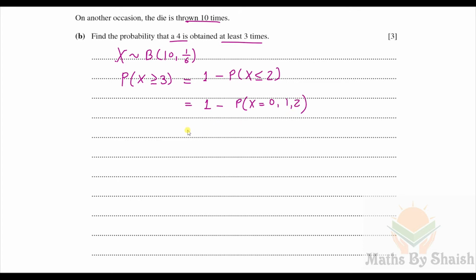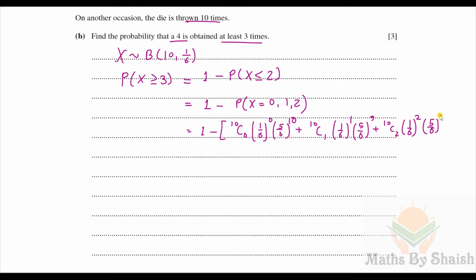That is 1 minus, 10C0 (1 by 6)^0 (5 by 6)^10, plus 10C1 (1 over 6)^1 (5 over 6)^9, and the last, 10C2 (1 over 6)^2 (5 over 6)^8. Now we will write these values, not simplifying, of course.